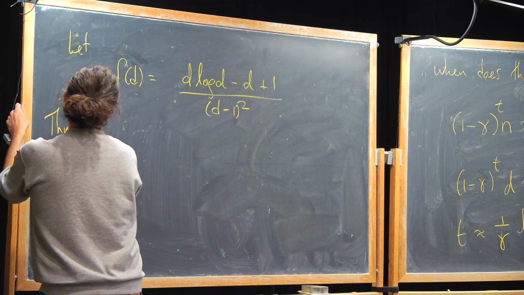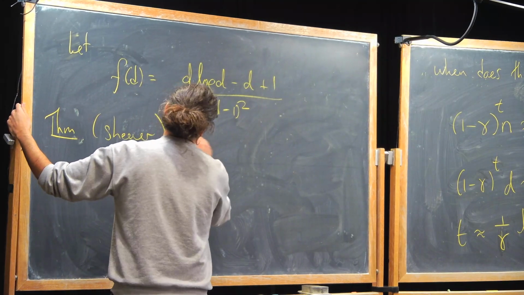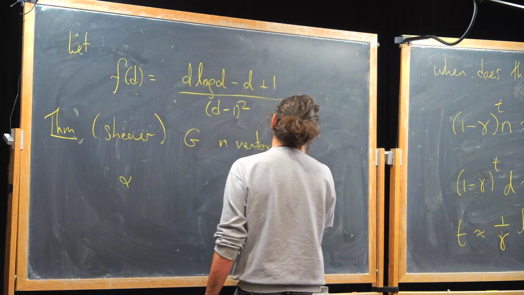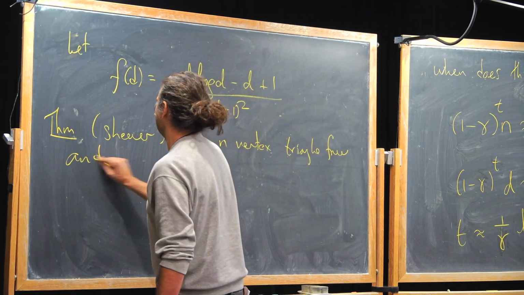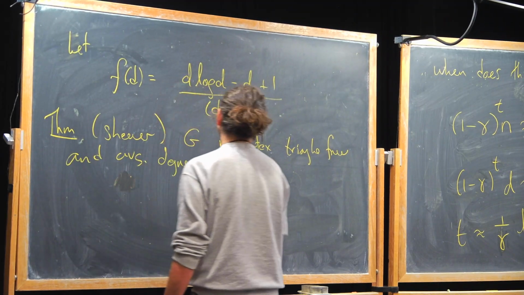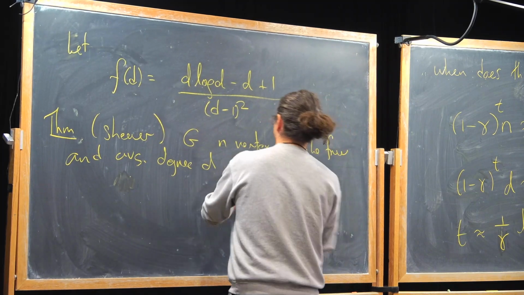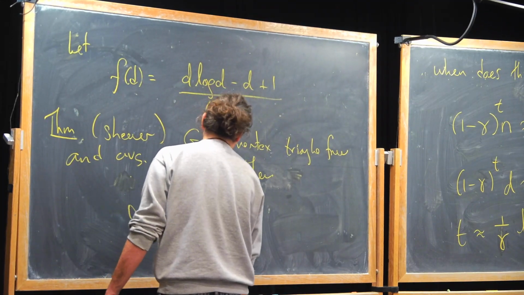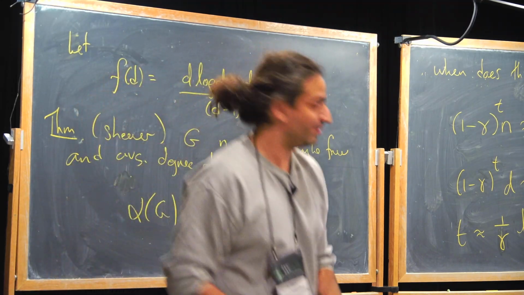So the theorem that Shearer actually proves is that for G an n-vertex triangle-free graph with average degree d, the independence number is at least this confusing function f of d, which is basically log d over d for d tending to infinity.